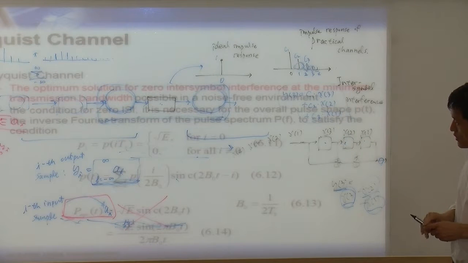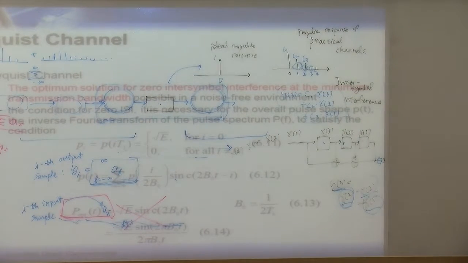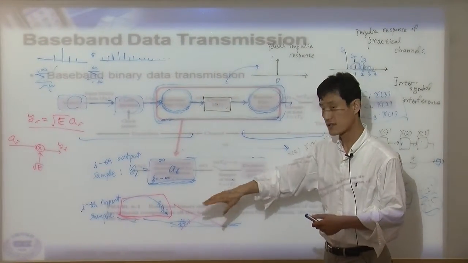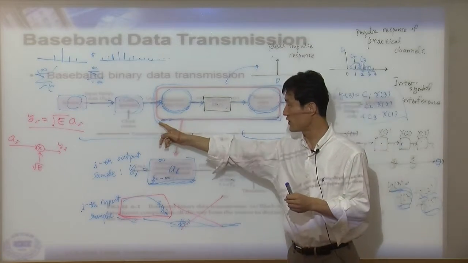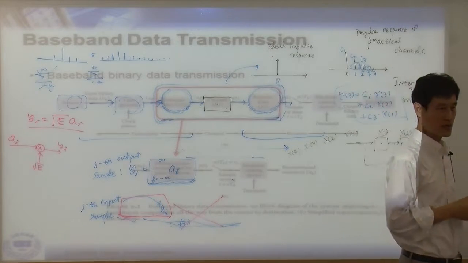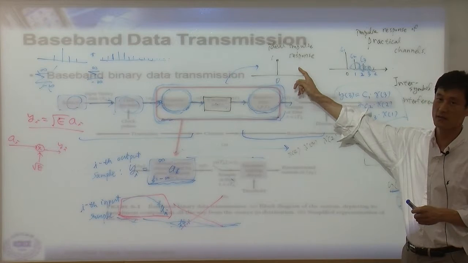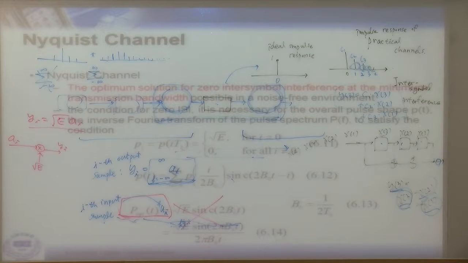Once we remove these terms, we eventually make this red box a Nyquist channel. So going back here, if we can remove these summations, all the other terms, then we can convert this red box to a Nyquist channel. The Nyquist channel is the ideal channel, like this. So let's take a look at the Nyquist channel here.